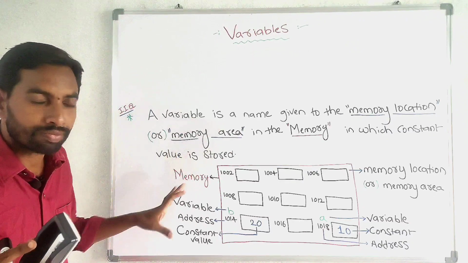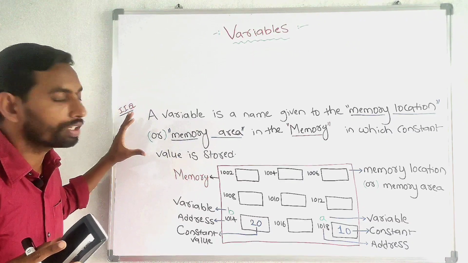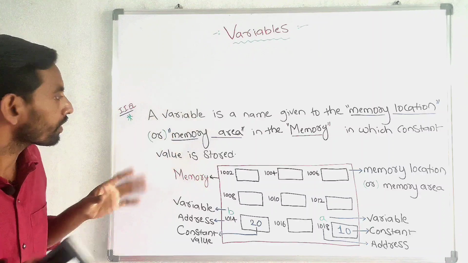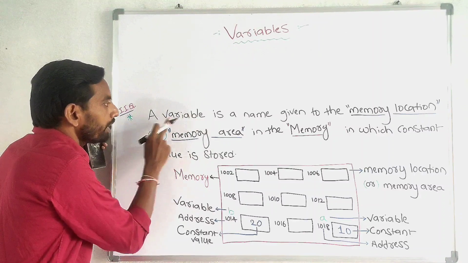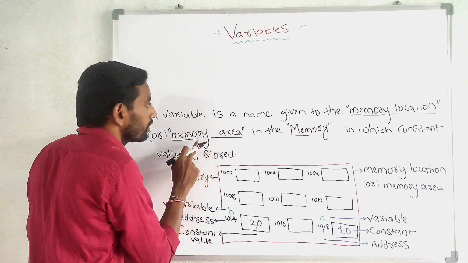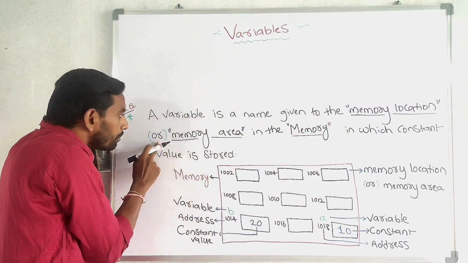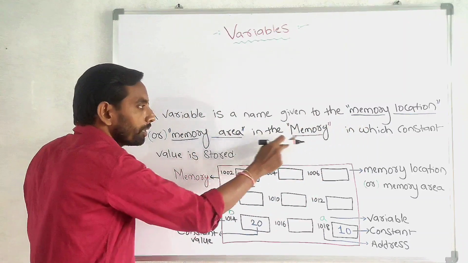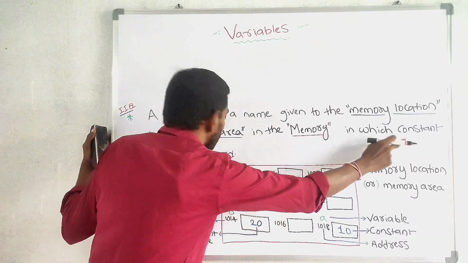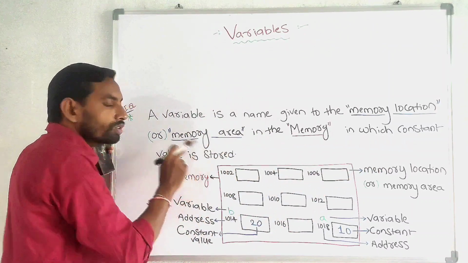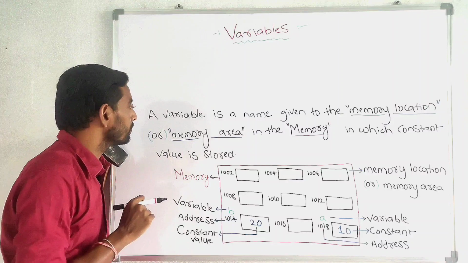Important interview question. This is the most important definition for interviews. A variable is a name given to the memory location or memory area in the memory in which a constant value is stored. Listen carefully.